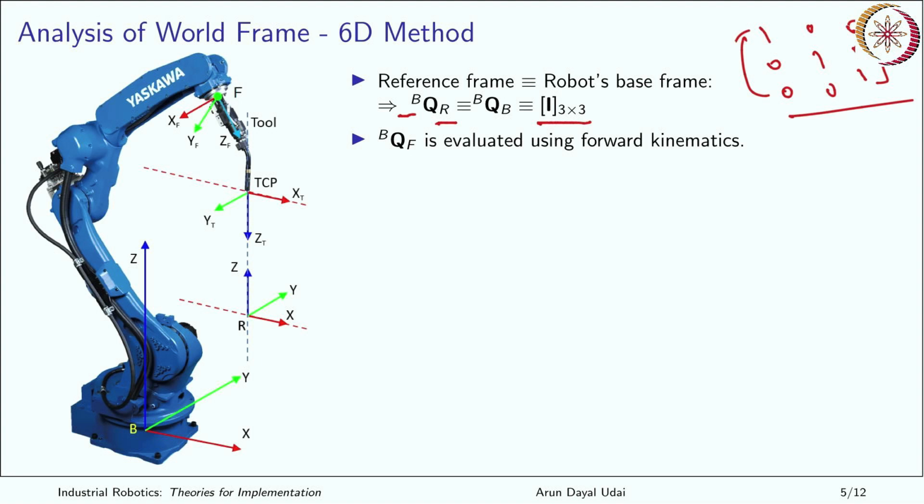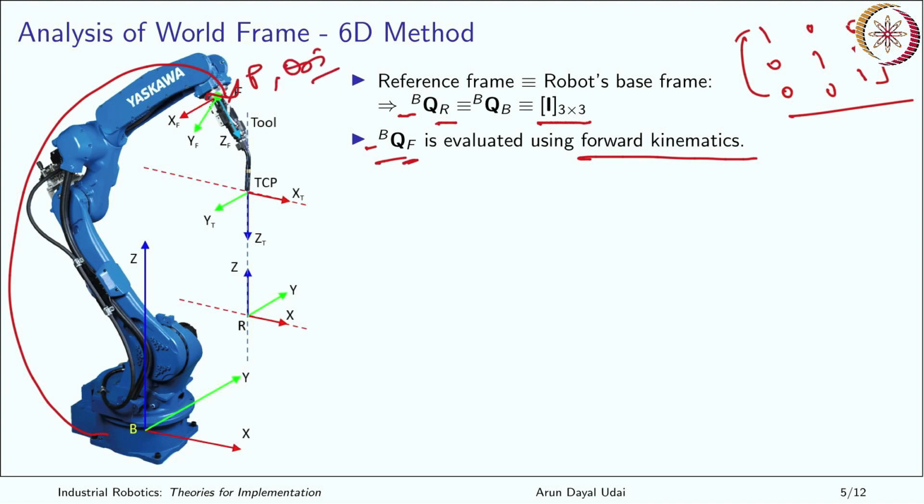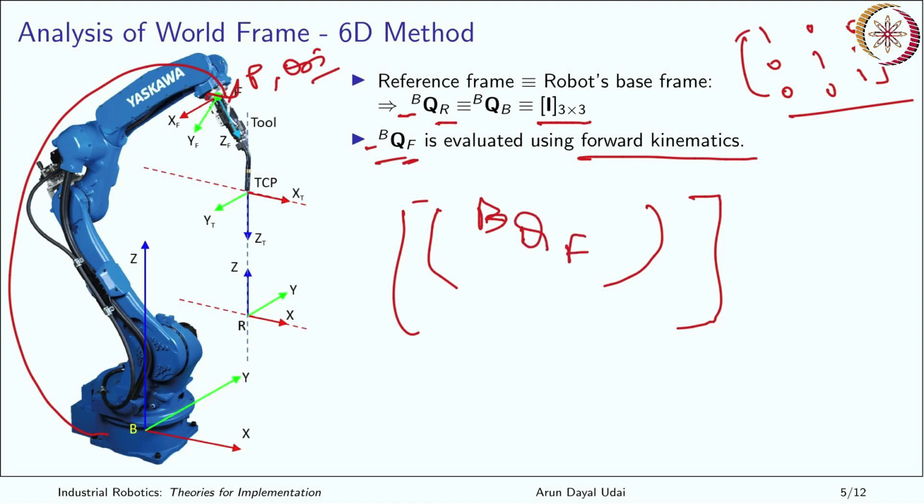Okay, now base to the flange, from here to here, that transformation is evaluated using forward kinematics. So what does forward kinematics have? It has the position of this as well as the orientation. If you see the forward kinematic transformation matrix, this is your base to flange transformation.